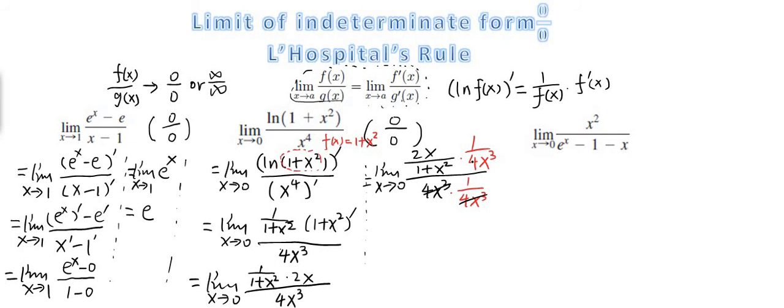For the 2, we can cancel out, because 4 can be written as 2 times 2. And for x, we can cancel one of them. Now we can simplify it: that is 1 over 2x squared times 1 over 1 plus x squared.